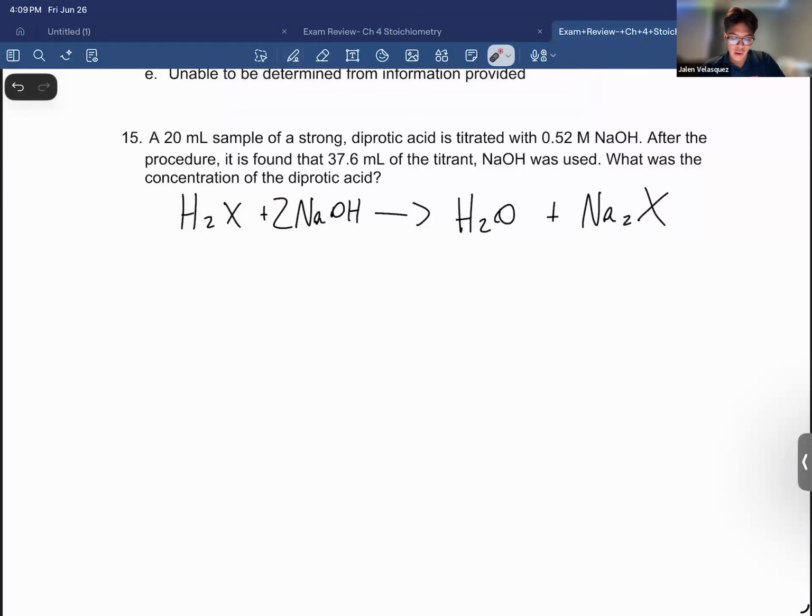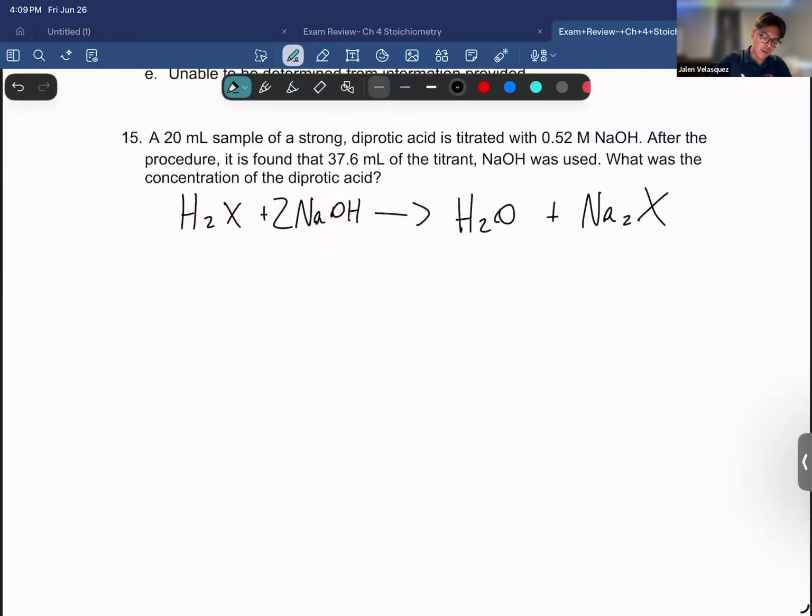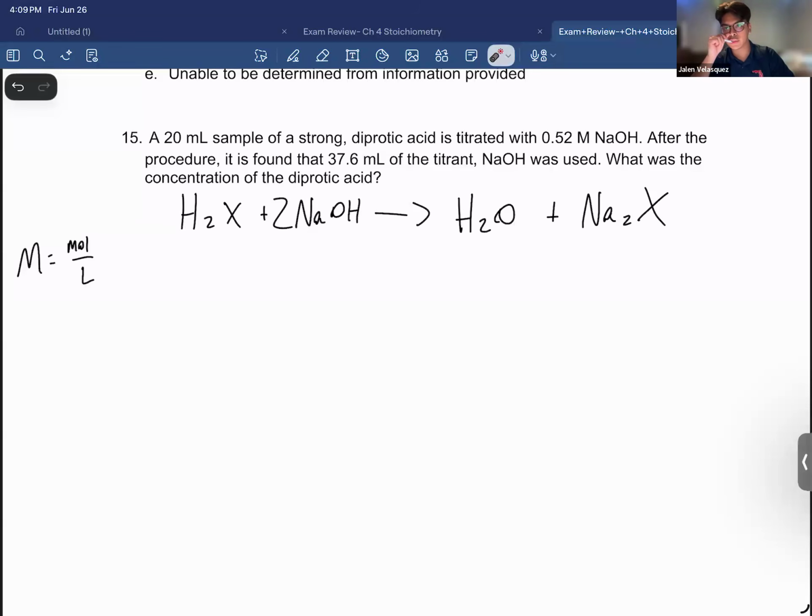So for this problem, we want to figure out the concentration of this acid from the information we're given about this base, right? So we're looking at concentration, right? So M is moles over liter. And we know to start with sodium hydroxide because we have the most information for that, right?